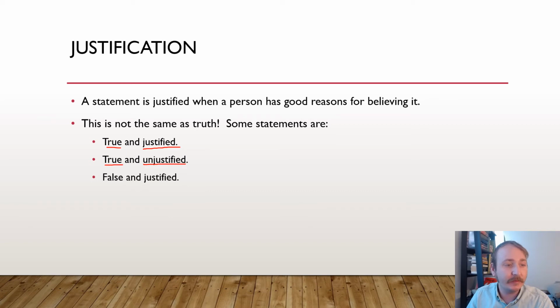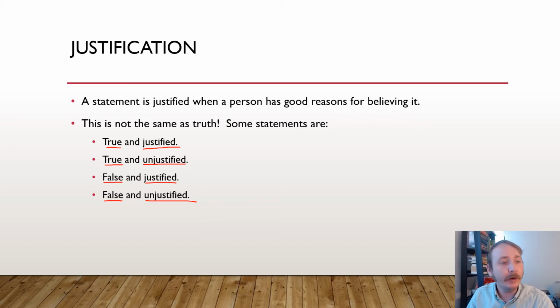Statements can also be false and justified. So there are cases where we say something that ends up being false, or we believe something that ends up being false because it just doesn't happen to match up with the way the world is. And yet, nevertheless, we had really good reasons for believing that thing. Finally, statements are also false and unjustified sometimes. False when it doesn't match up with the way the world is, and unjustified when we believe it for bad reasons.